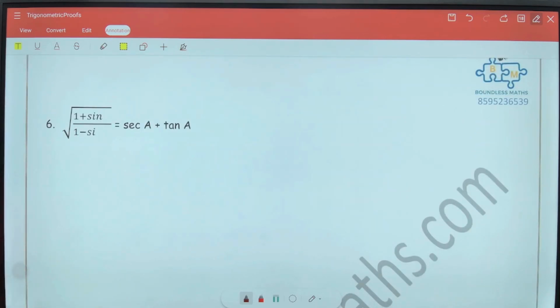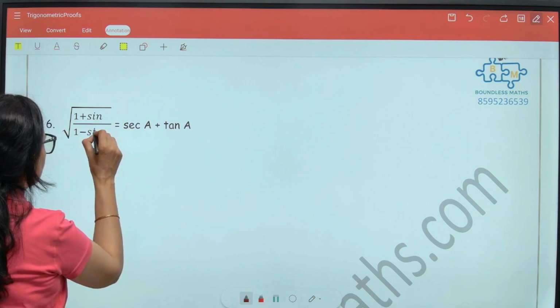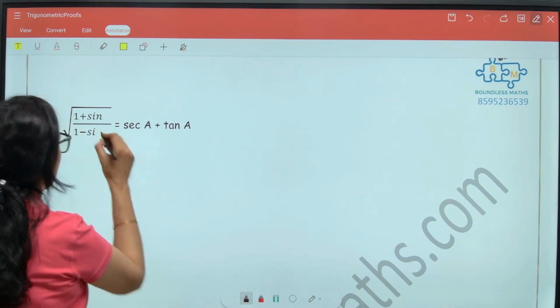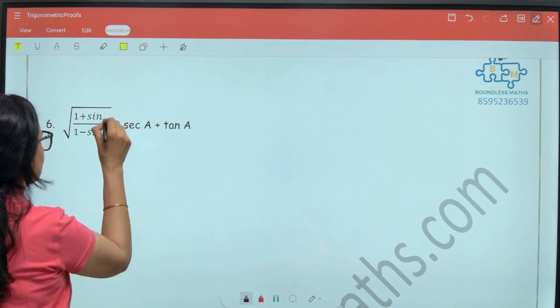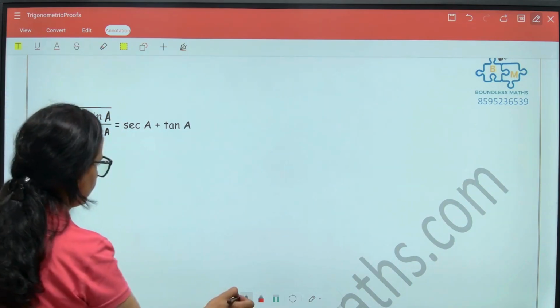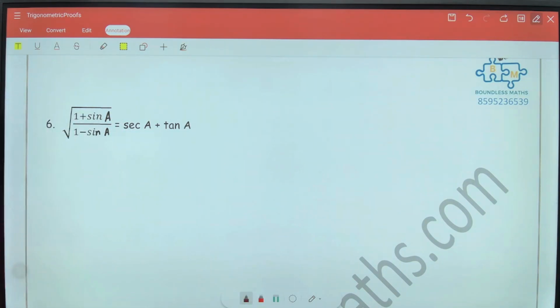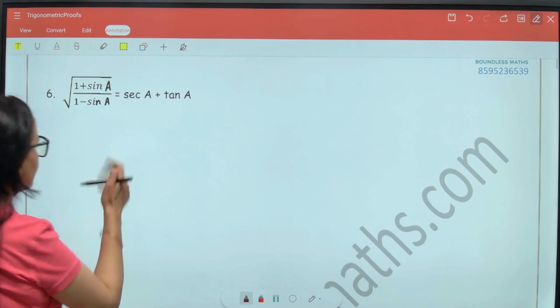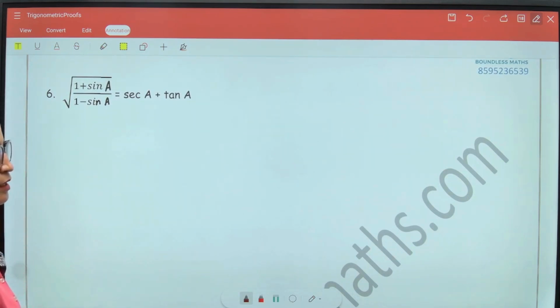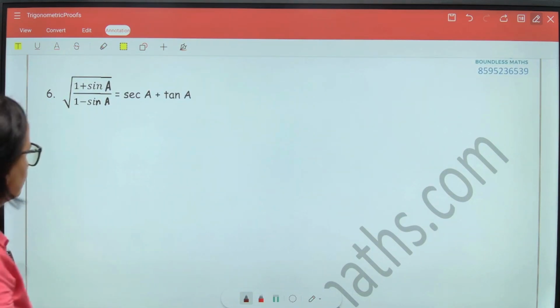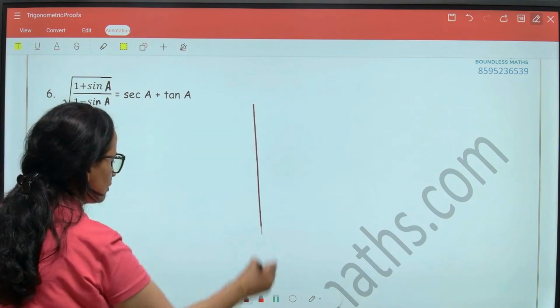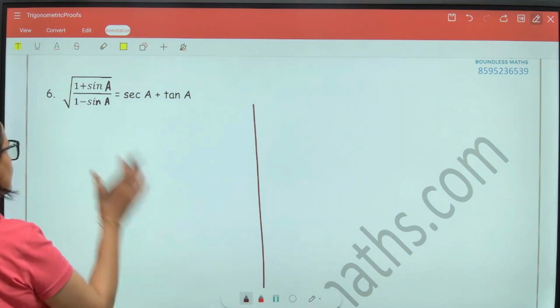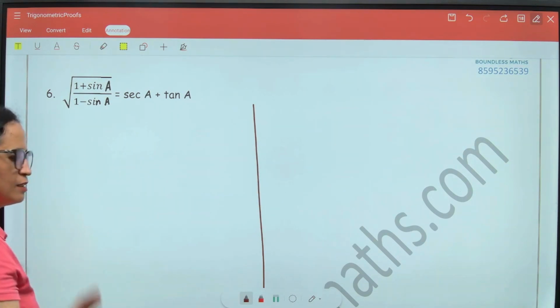Now here we have sine on the left side and we have sec and tan on the right side. So how do we do that? Sec and tan can be easily simplified. Secant is 1 by cos, tan is sine by cos, easy. So we will just divide our space into 2 parts because we need to simplify left and right side separately.